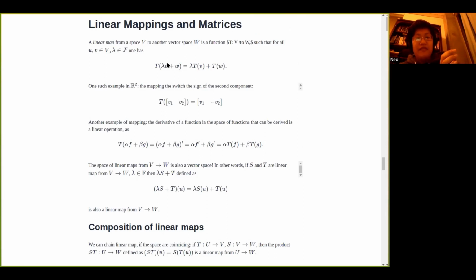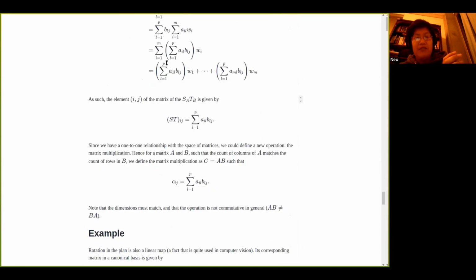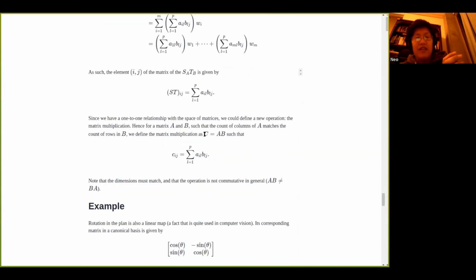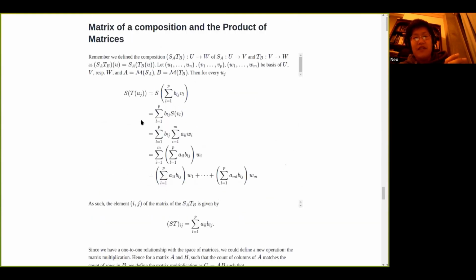We also find out that if you chain linear transformations, then the chained function is still a linear map. So if we apply this to the matrix space, we can define a new operation called matrix multiplication, where the elements of the matrix of these products are given by this formula. And you can derive this value just by using the properties written above.